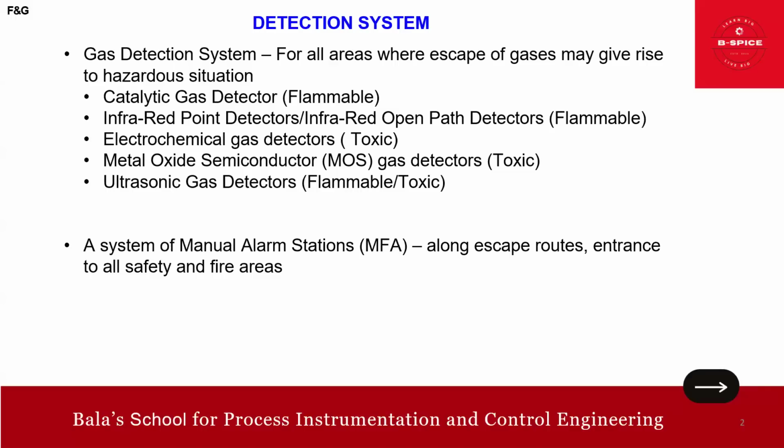As you know, it's a manual activation. This device allows individuals to manually trigger a fire alarm by pulling a lever or pressing a button. You would have seen it in buildings, right? Once activated, it sends a signal to the fire alarm control panel, which then initiates the building alarm system to alert occupants and emergency services. That is the point.